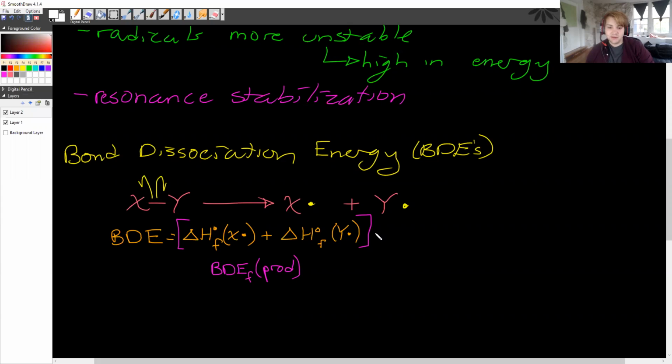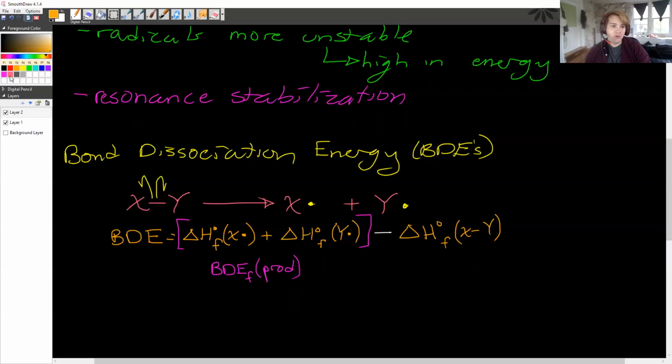And we can subtract out the change in energy associated with forming X bonded to Y. So we're talking about the amount of energy you would get if you have stored within this XY bond.